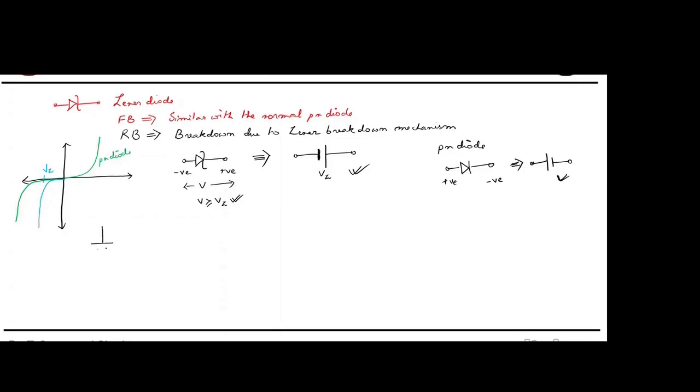Suppose you have a circuit like this, a Zener diode connected to this, and a load resistor. Here they have given Vz. In Zener diode problems, they will always mention the value of Vz.